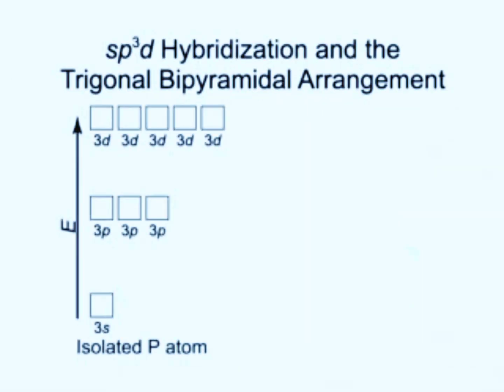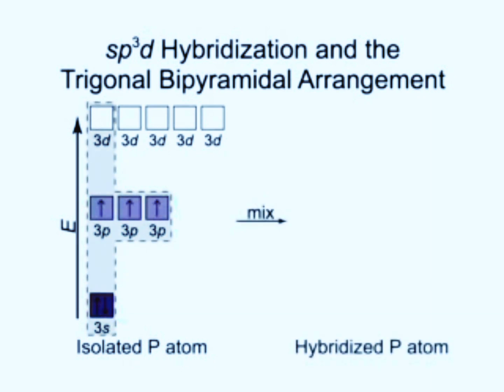Recall that in molecules with more than 4 atoms around the central atom, such as phosphorus pentachloride, the central atom utilizes d orbitals to expand its valence level. Hybridization accounts for the shapes of these molecules as well. In the ground state, phosphorus has a filled 3s orbital, 3 half-filled 3p's, and 5 empty 3d's.